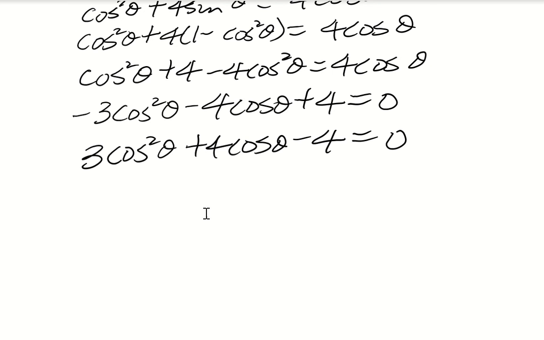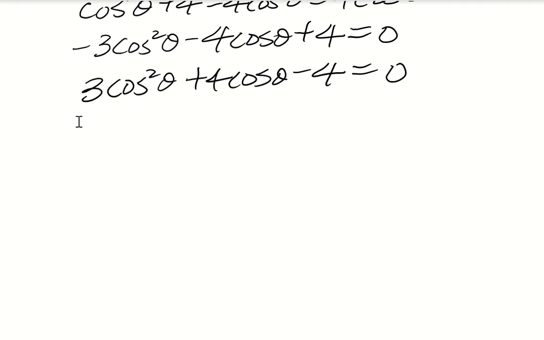Notice that I've got cos square theta, I got cos theta. So this is already in quadratic equation form: a square term, a cos theta term, and a constant term. So I'm going to say let cos theta equals m.